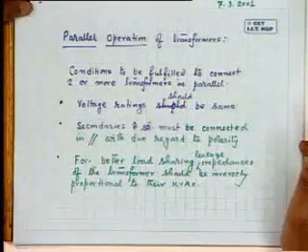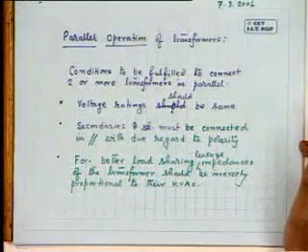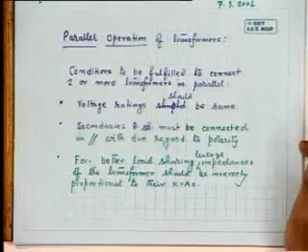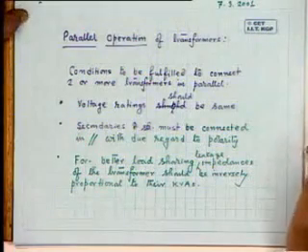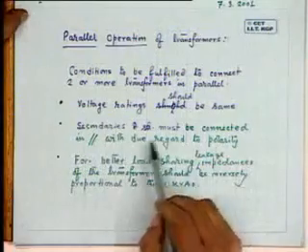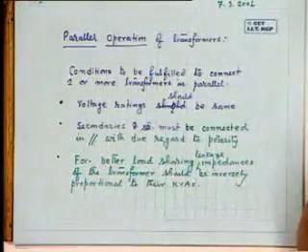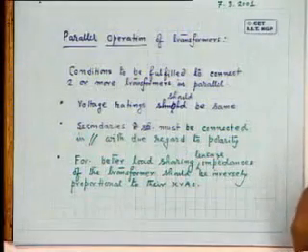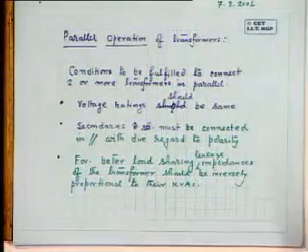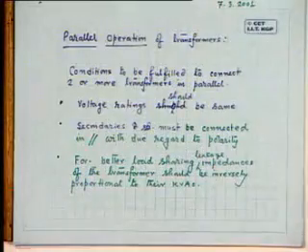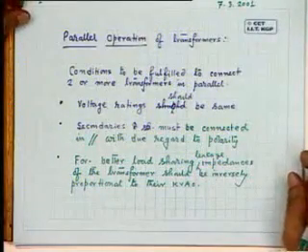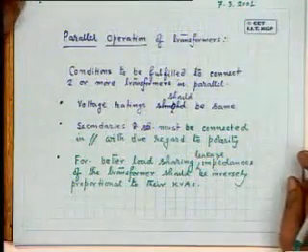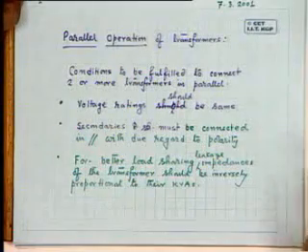That is, if one transformer's voltage rating is 200/400 volt, the other transformer's voltage rating should be 200/400. Then the secondaries must be connected in parallel with appropriate regard to the polarity. Otherwise, even at no load, the secondary will be short circuited. There will be large circulating current and so on.